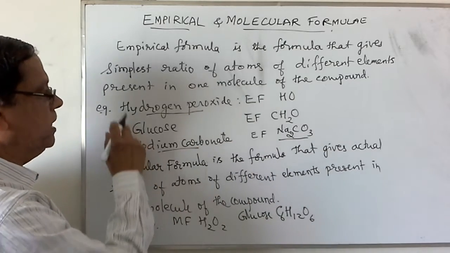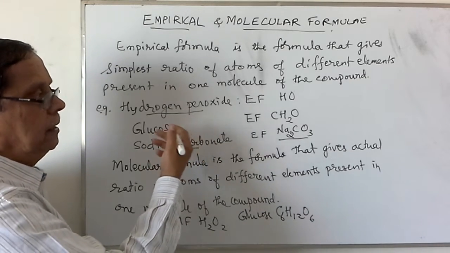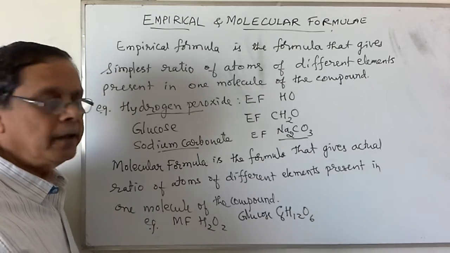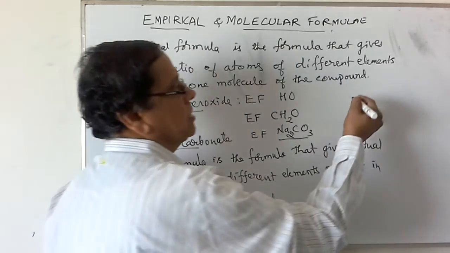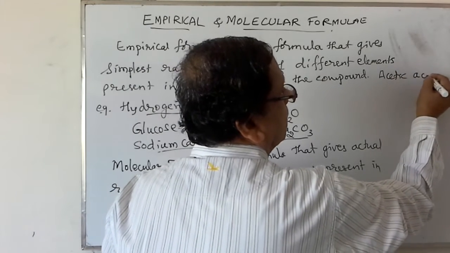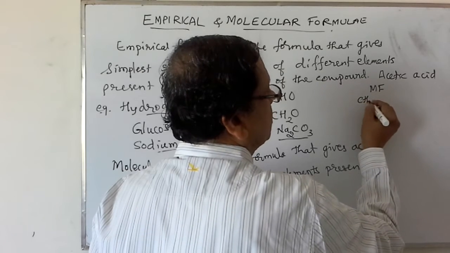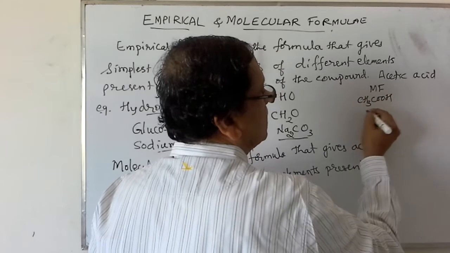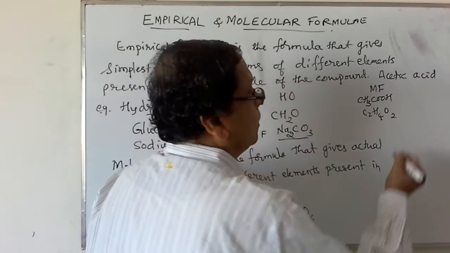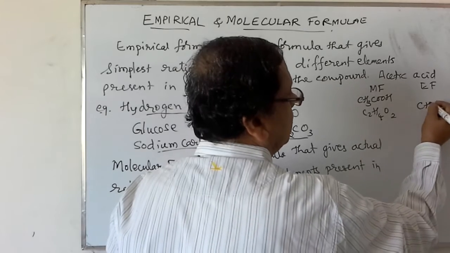Similarly, for various organic compounds, empirical formula may be different from the molecular formula, or sometimes it may be the same. For example, in case of acetic acid, molecular formula is CH3COOH, that is C2H4O2. But empirical formula, the simplest ratio, is CH2O.